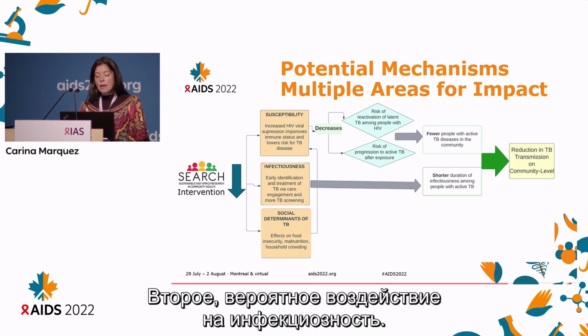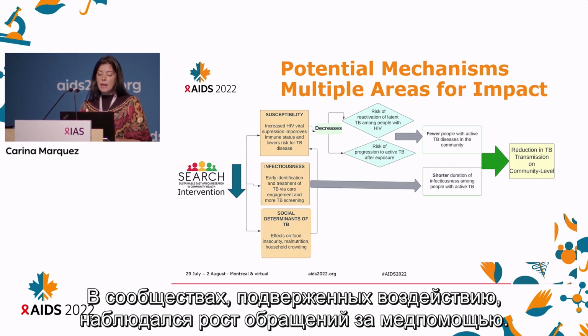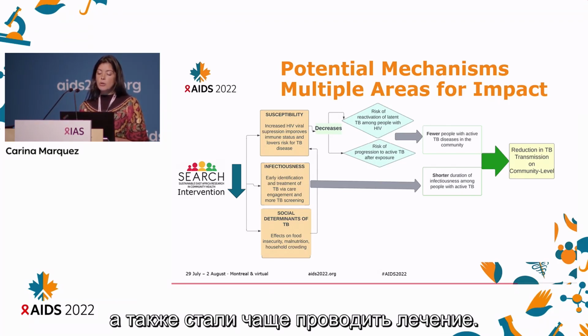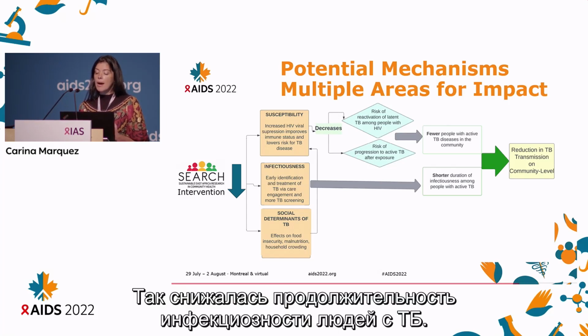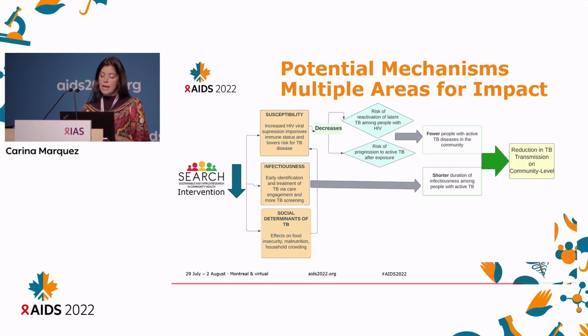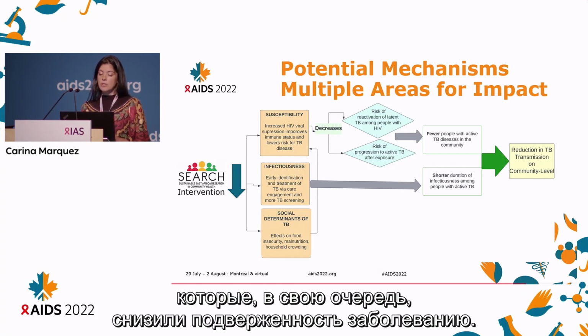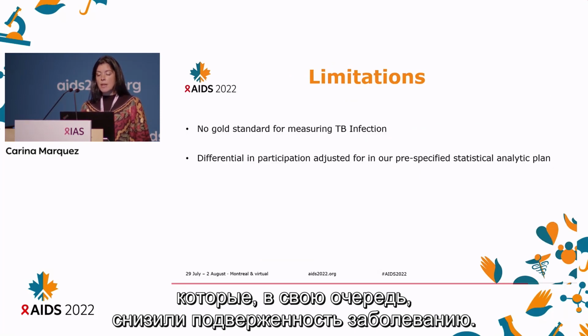Second, a probable impact on infectiousness. We saw increased engagement in care in the intervention communities, and perhaps this increased early identification of TB as well as treatment initiation, thereby decreasing the time in which someone who had TB is infectious. And then likely an impact on social determinants of TB, which in turn decrease susceptibility.